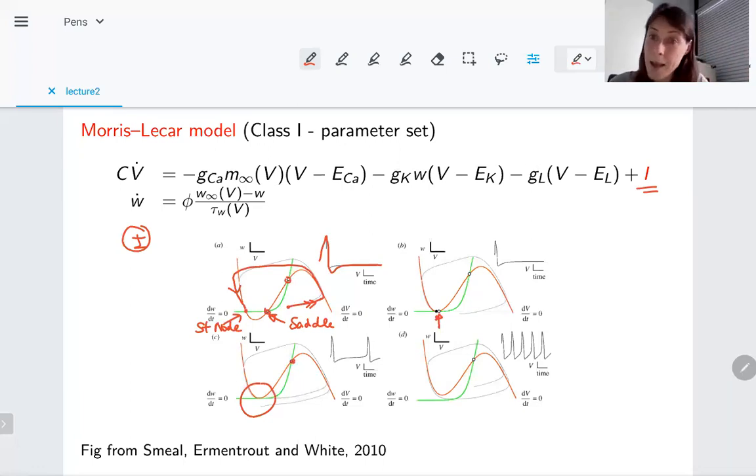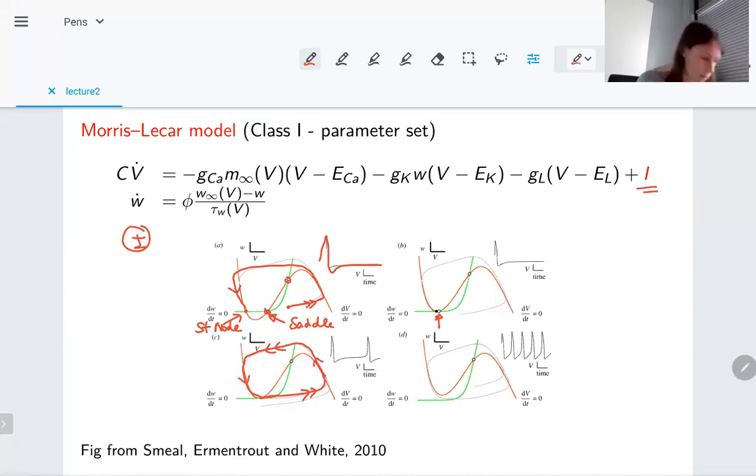But when we have this saddle node bifurcation, which is a saddle and a node that get closer and closer, coalesce and disappear, out of this there is a stable limit cycle that is born. We don't have this intersection anymore, but what we have here is a periodic orbit, a typical relaxation oscillator.